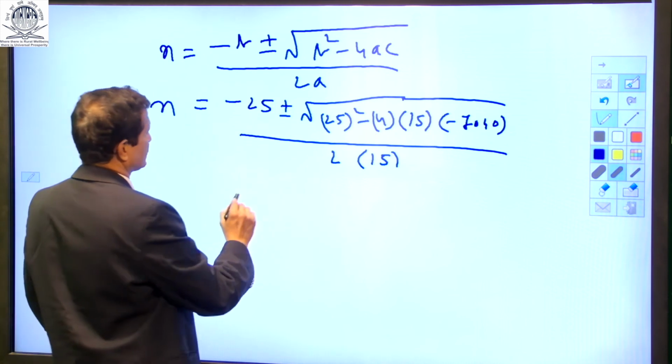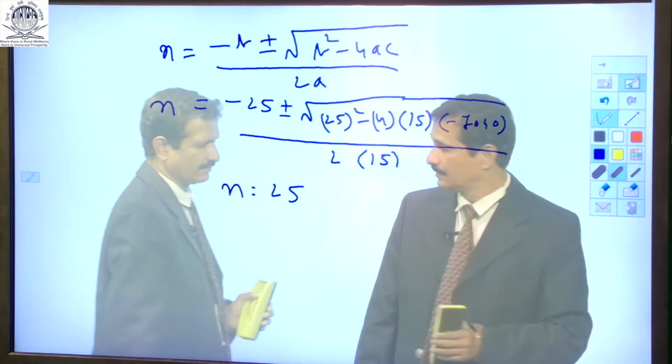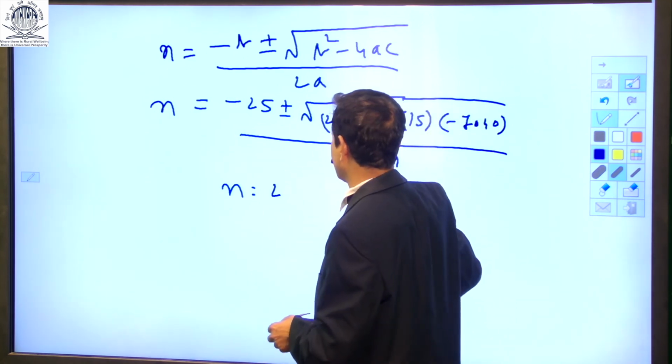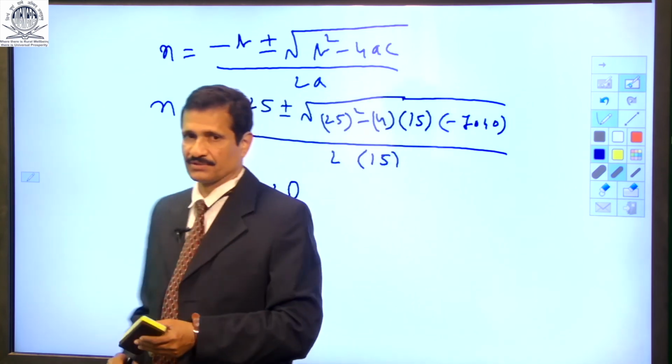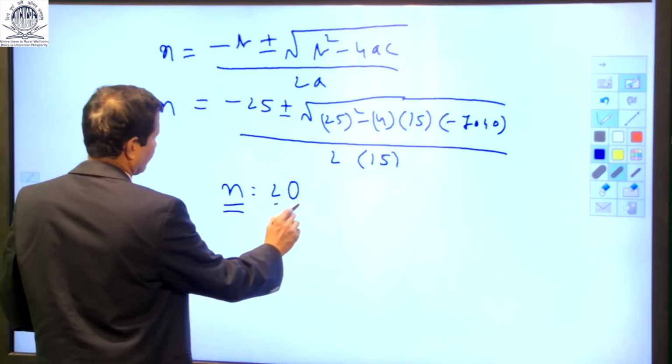And now on solving this, the root comes to 400, which is 20. Discard the negative value. So the number of periods here is 20 months.